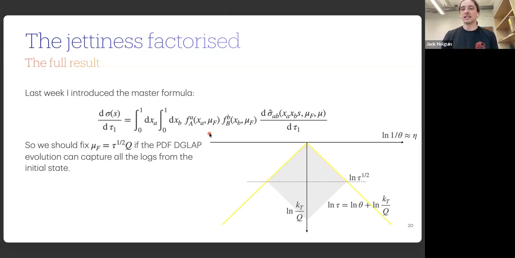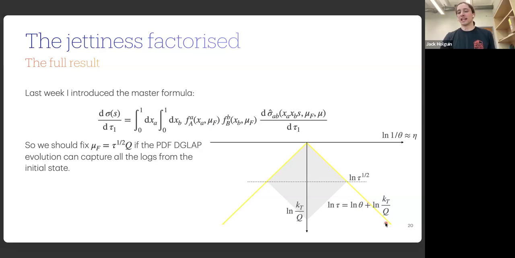Now that initial state is looking at the transverse momentum collinear to the beam line that we're probing. So if we look to the Lund plane here, we can see how we fix it. The collinear region is down the yellow lines here. And we need to be setting mu f to the largest value it can take before it gets vetoed by the observable.